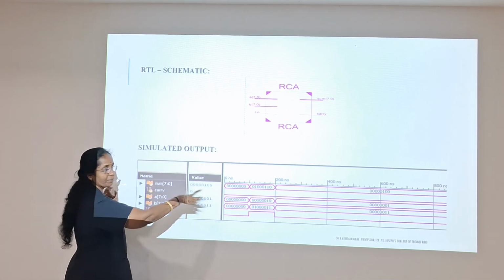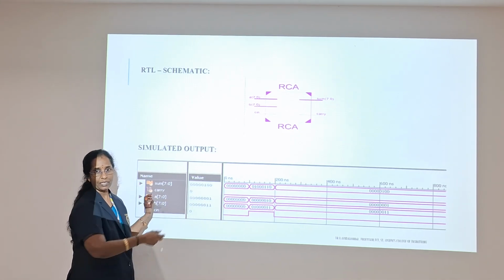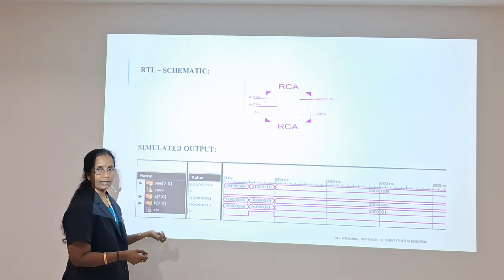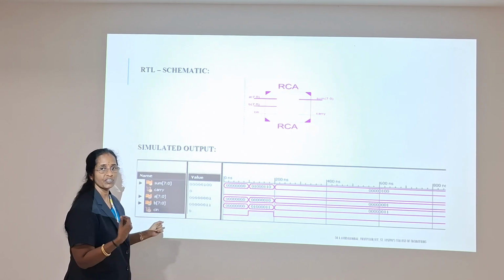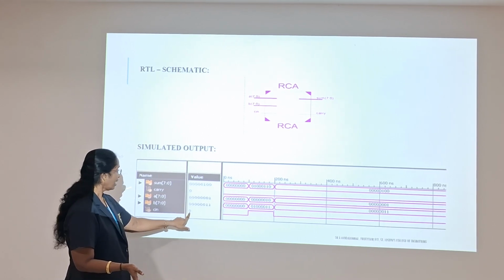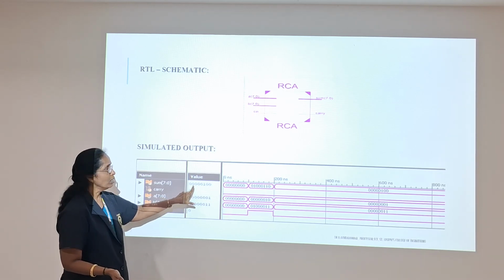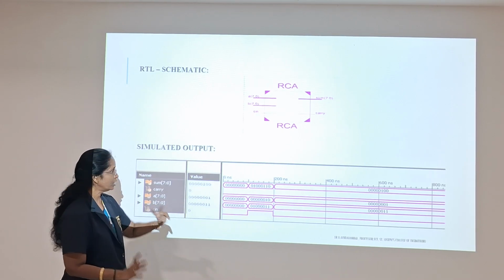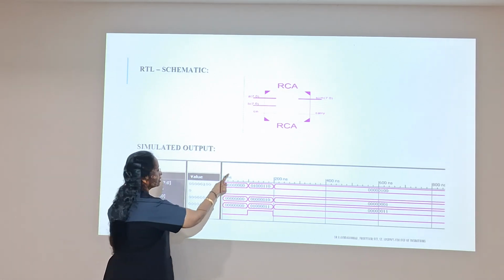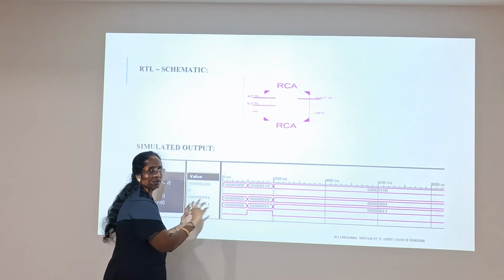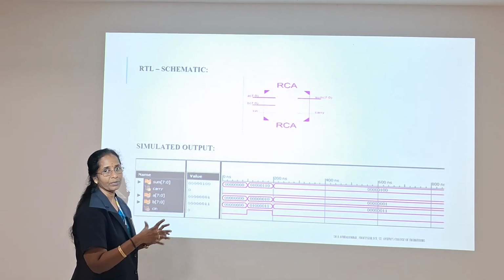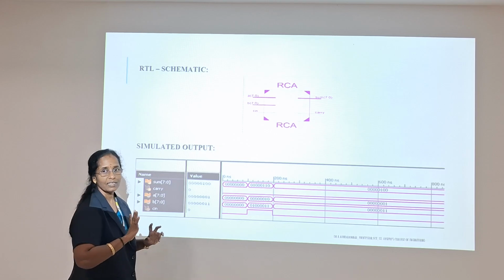So that is described in this sum output. Whereas in the carry, the 8th full adder doesn't generate any carry, therefore the carry output is 0. So this is known as our test bench waveform. In that you can see that this is 0 nanosecond, 200 nanosecond. These values you can zoom in and zoom out, and you can see the result in the Xilinx platform.